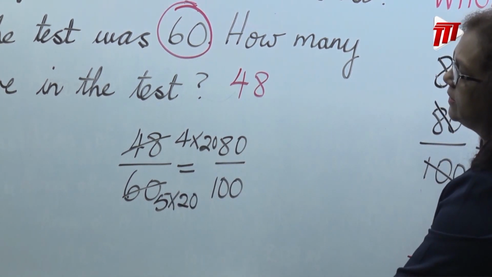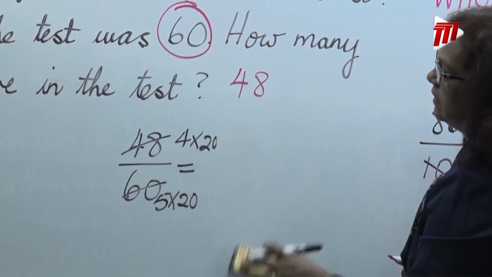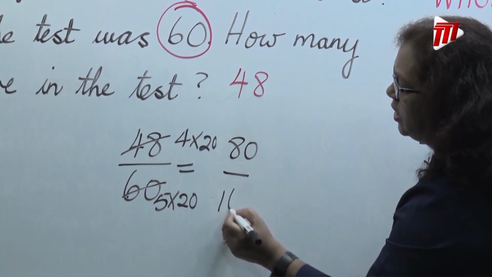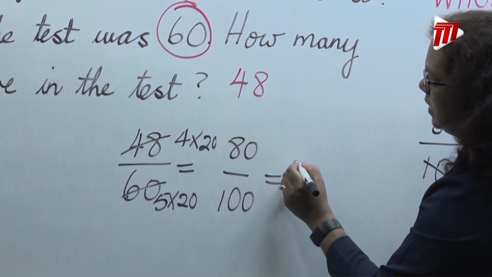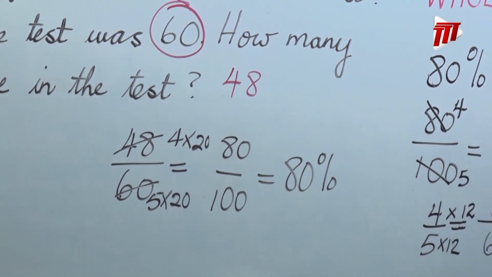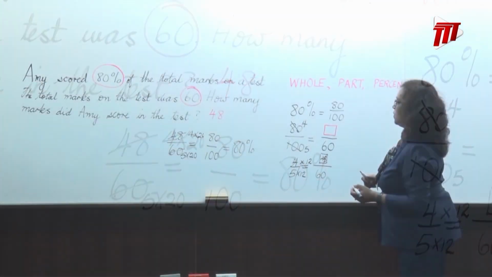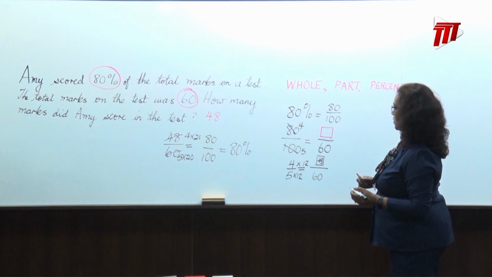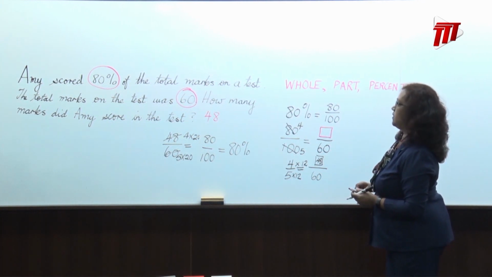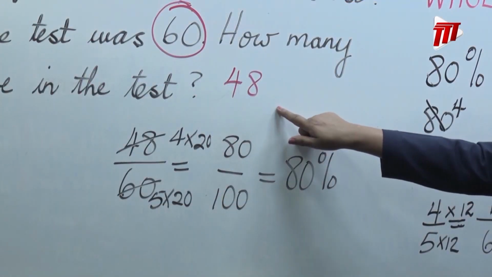I'm going to get 80 over 100, which is equal to 80%. So what I have done is checked over my answer to make sure that I worked out 80% of the marks, 80% of the total that Amy scored, which is 48 marks.